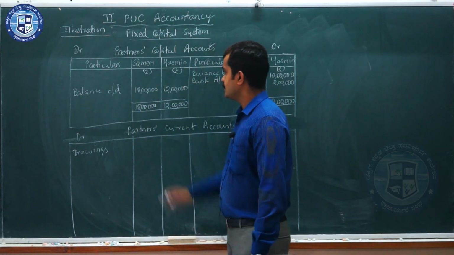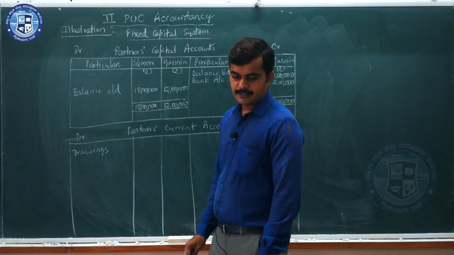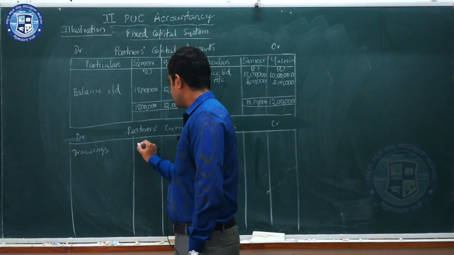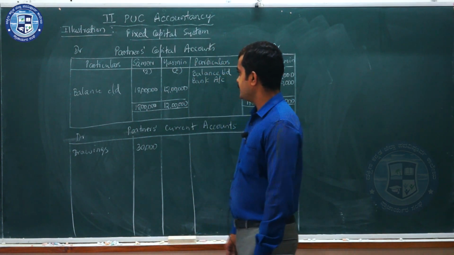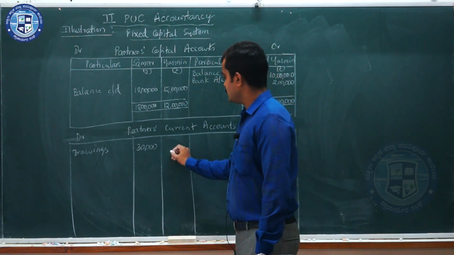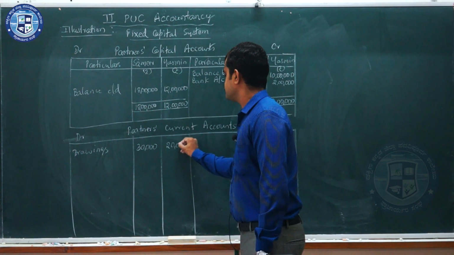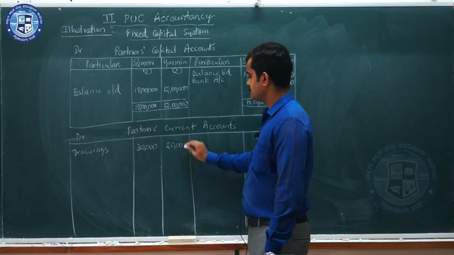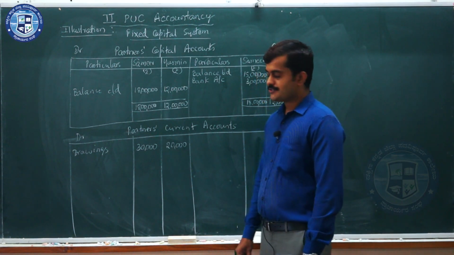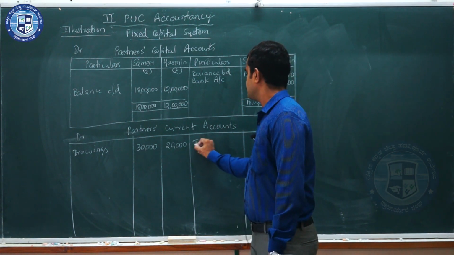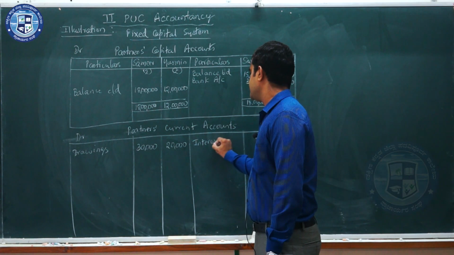Drawings. So Samir, it is rupees 30,000. On the other hand, Yasmin, 20,000. Next, interest on capital on the credit side.